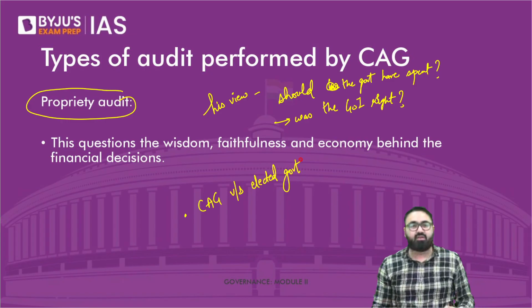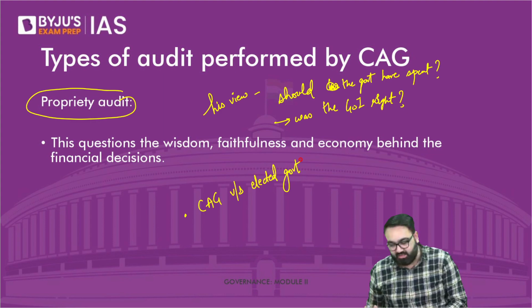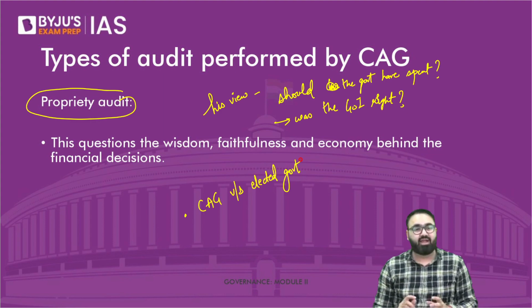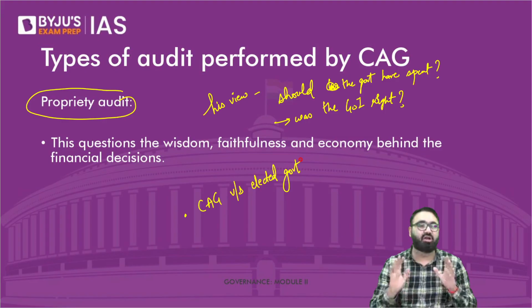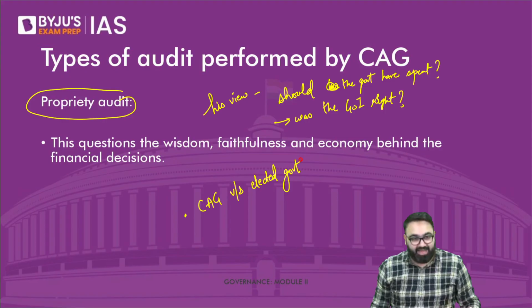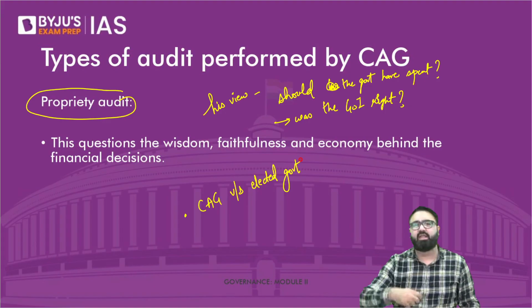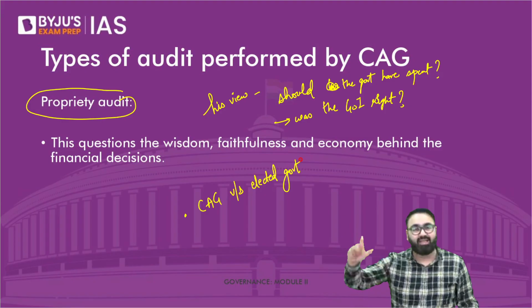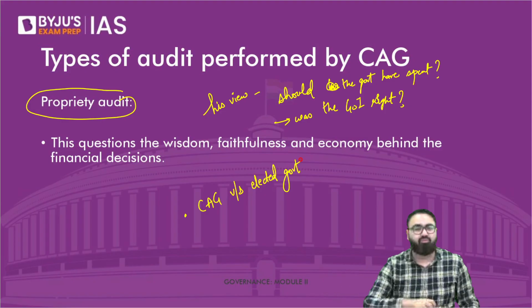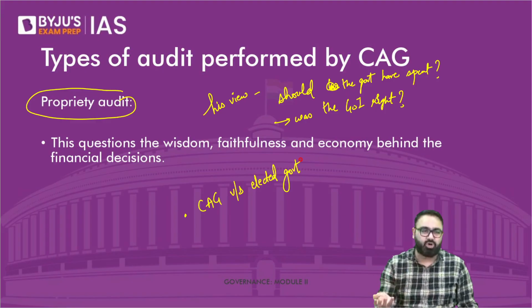See, at the end of the day, in a democracy, the government elected by the people should have the powers to decide how the government will run, to run the country, to decide how the money will be spent. Everything has to be decided by the elected government. So if the elected government wants to spend money in a certain manner, they should.